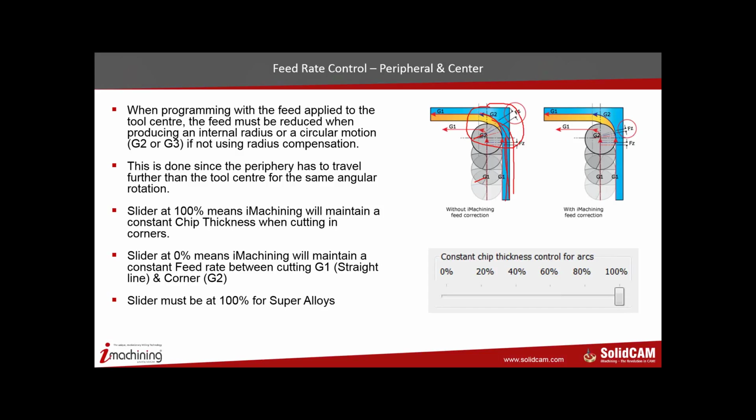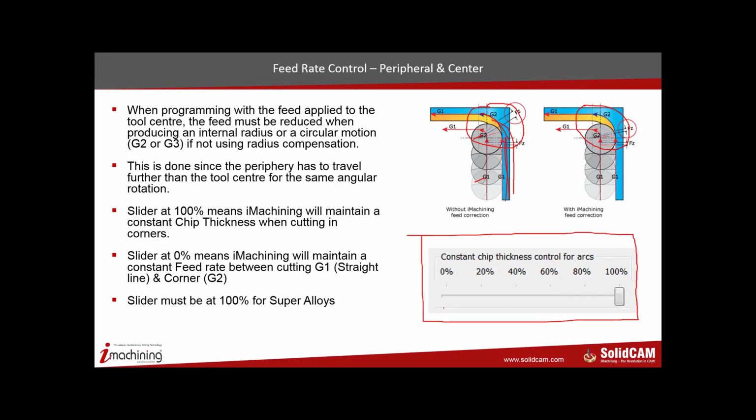Okay. Now, in order for the chip thickness not to vary, iMachining has this unique slider. I don't know how many of us actually use it, but they have this unique slider called the constant chip thickness control for arcs, wherein if the slider is kept at 100%, iMachining will maintain a constant chip thickness at the corner, which means the feed rate at the center of the tool will be much lower in order to maintain a constant chip thickness when moving from G1 to G2.